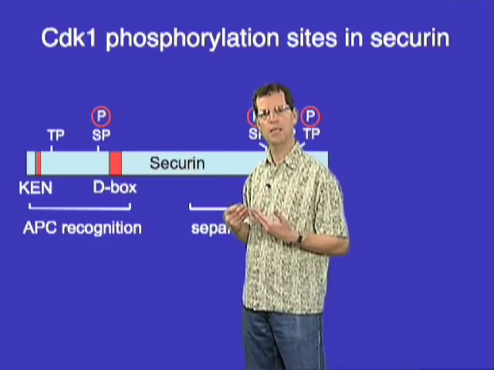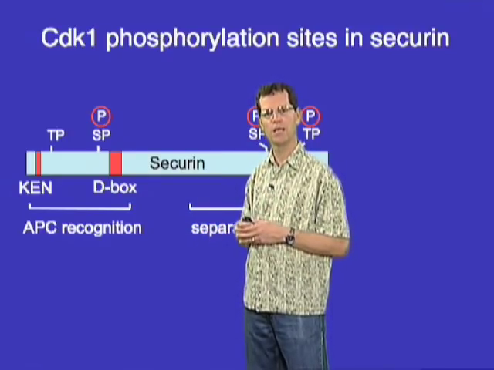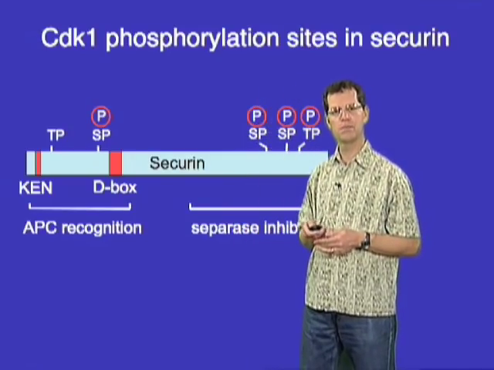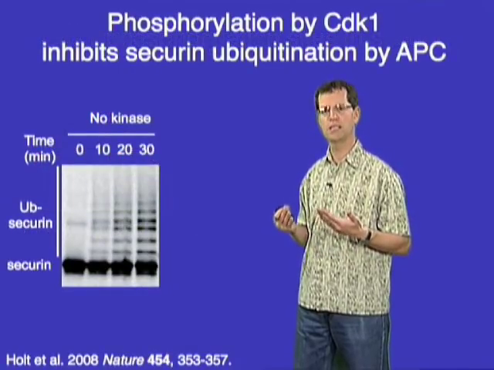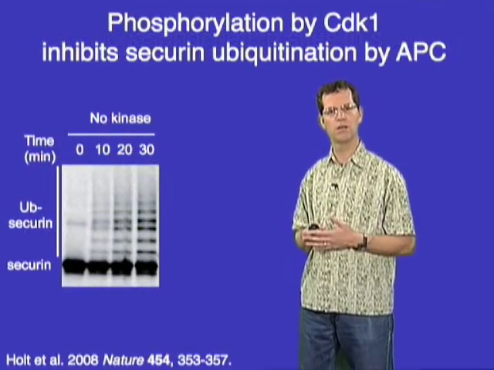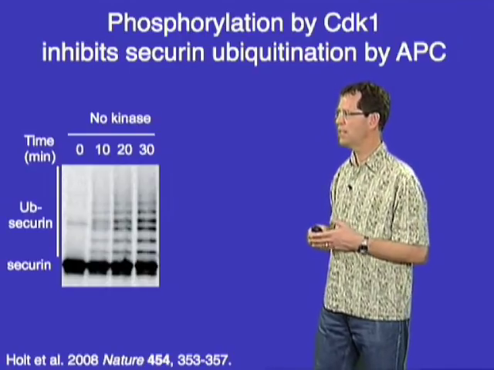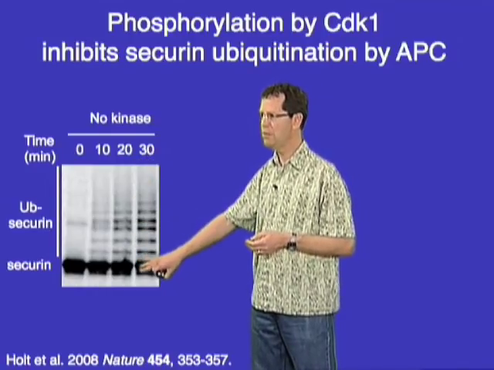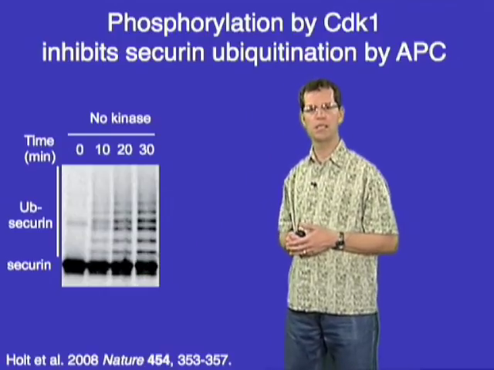In other words, CDK-dependent phosphorylation of securin inhibits its destruction via the APC. So we tested that hypothesis by the most direct means possible, which is simply to test the ability of phosphorylation to inhibit the ubiquitination of securin in an in vitro assay using purified components. And so this gel, this is a polyacrylamide gel autoradiograph showing the ubiquitination of a radio-labeled securin protein here by purified APC in vitro.